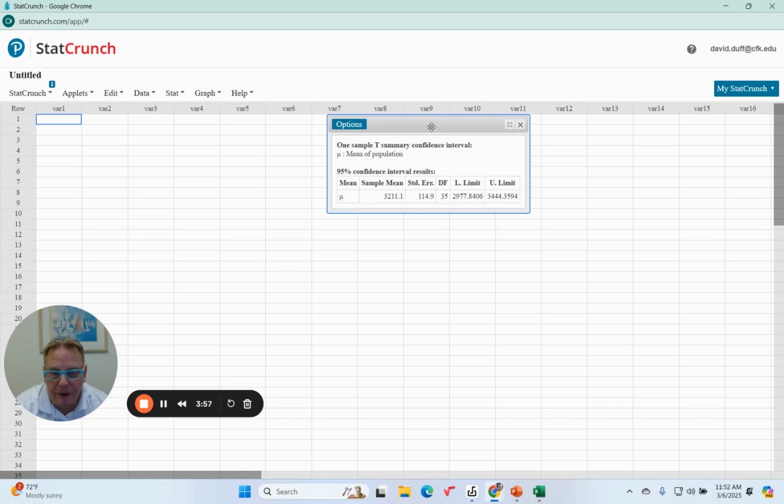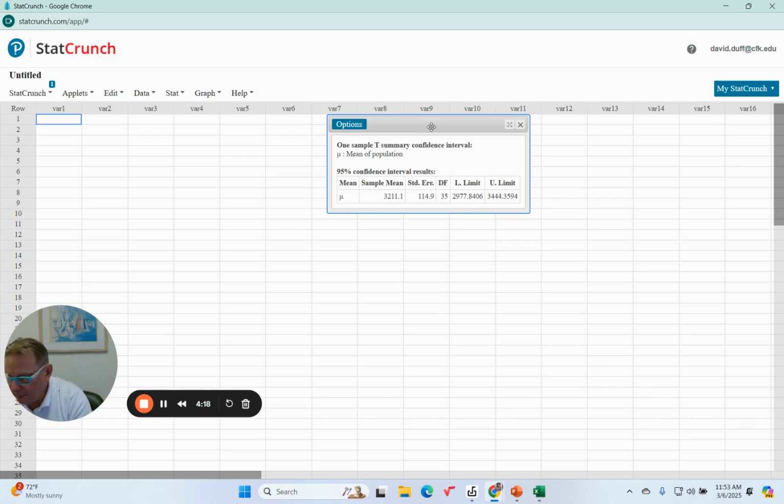And then how do we find the margin of error? One very simple way is that from the lower limit to the middle is one margin of error, and from the middle to the upper limit is another margin of error.